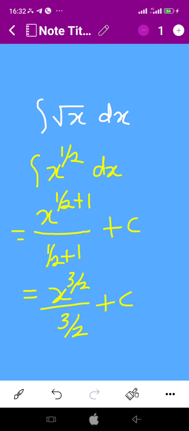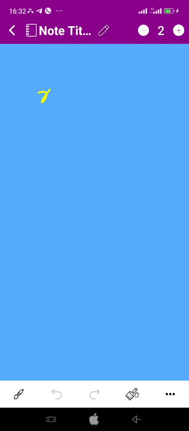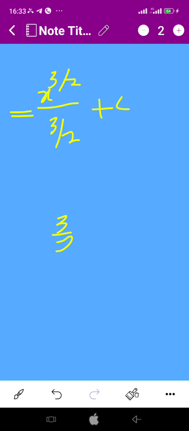Now on the next page we have x raised to the power 3 over 2 all over 3 over 2 plus c. This is what we have. Now remember, if you have 3 over 2 and I want to find the inverse of 3 over 2, it's going to be 3 over 2 raised to the power minus 1.